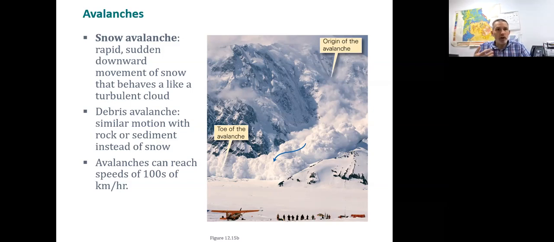Again, during these avalanches, this material is mixed up, and in avalanches, both debris avalanches and snow avalanches, in some cases it can actually trap a pocket of air at the bottom of the avalanche, and this pocket of air is going to make this rock act like an air hockey puck and go for long periods of time and allow these materials to reach speeds of hundreds of kilometers per hour.